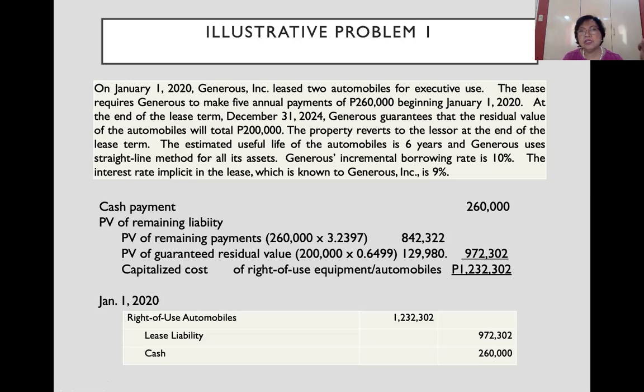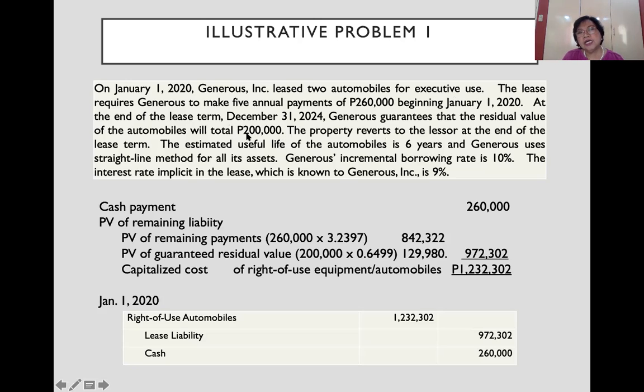Let us count 2020, 21, 22, 23, 24. Therefore, the lease term is for 5 years, but the estimated useful life of the automobiles is 6 years. Therefore, it is not rational that the lessor will recover the full cost of these automobiles over 5 years only, because the useful life extends 1 more year from the end of the lease term.